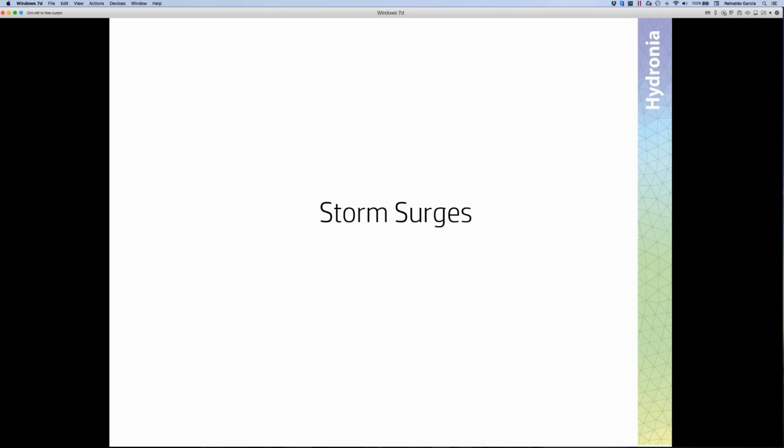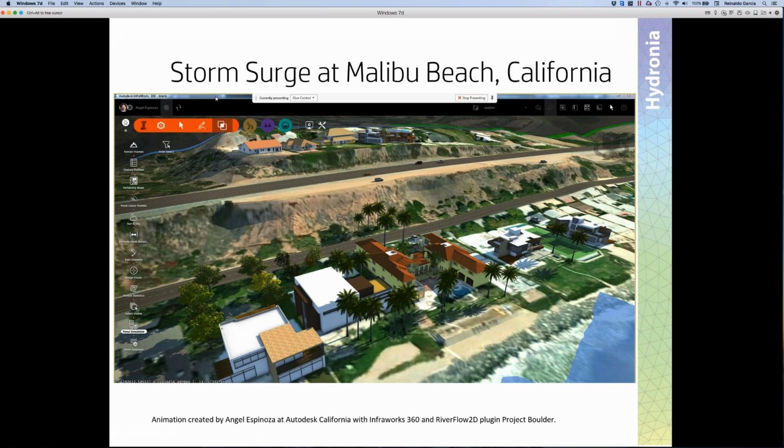Now let me give you some examples of storm surge applications. This particular one was done by Angel Espinosa. He is at Autodesk, California, and he developed all this model on his own using InfraWorks and Riverflow 2D, which is what has been named Project Boulder.